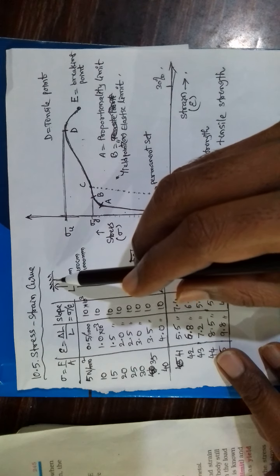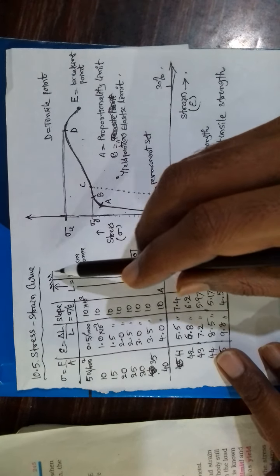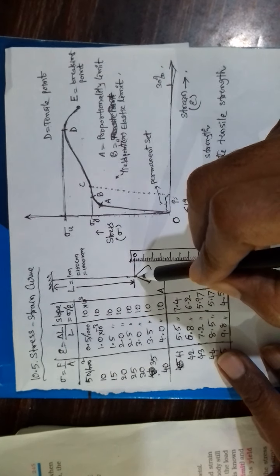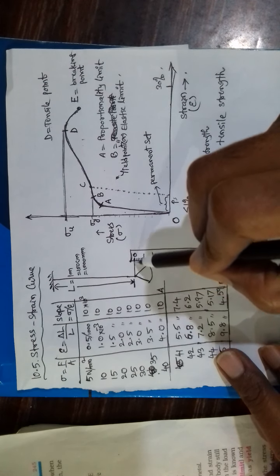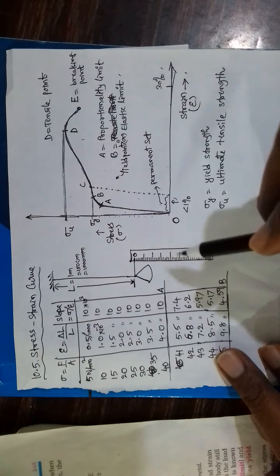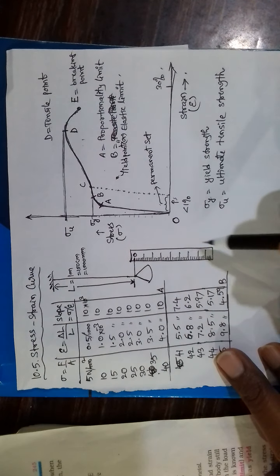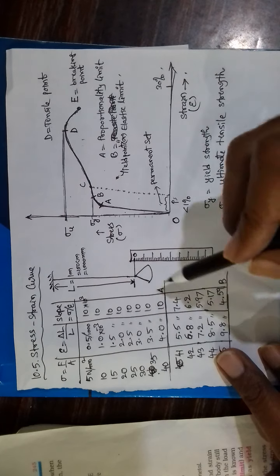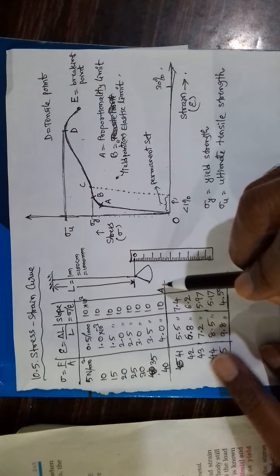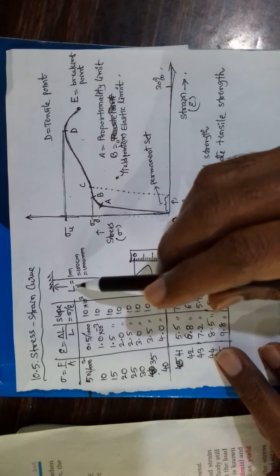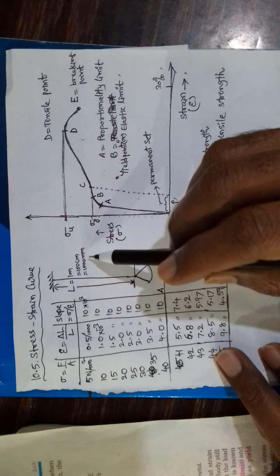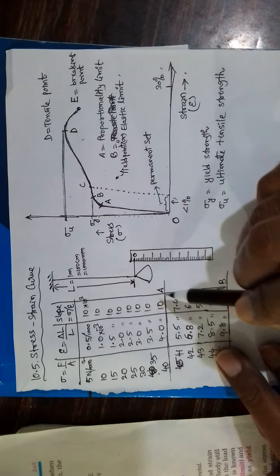That wire's upper end is fixed to the support, lower end is attached to a pan and also to a pointer, and beside the pointer a meter scale is kept here. So now let the length of the wire be 1 meter, that is 1000 millimeters.